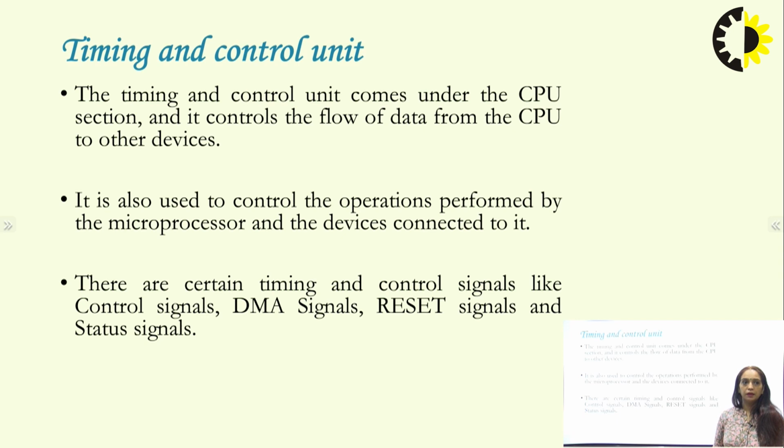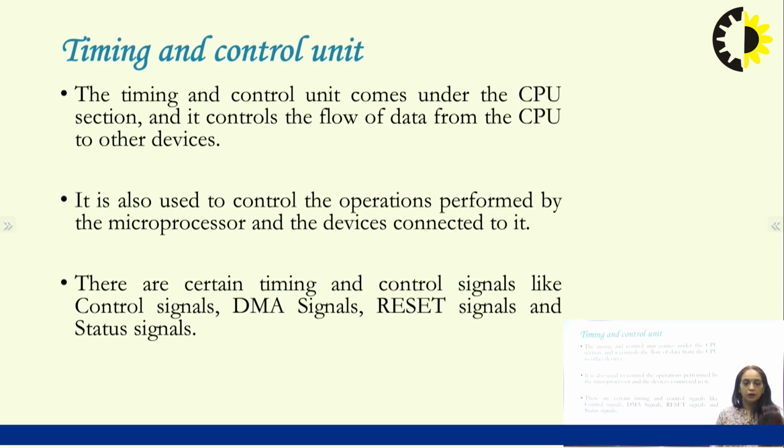In case of timing and control unit, it is used to control the data flow between the CPU and the other peripheral devices. It can also be used to control the operation performed by the microprocessor and the device connected to it. There are certain timing and control signals like DMA signals. Under DMA signal, we can use hold signal and HLDA.